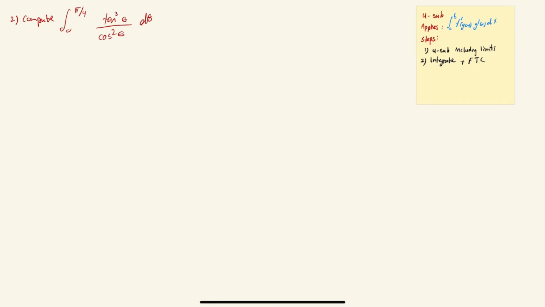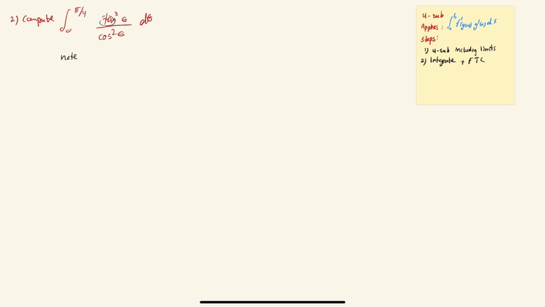Part 2. Compute the definite integral from 0 to pi over 4 of tan cubed theta over cosine squared of theta d theta. Notice this is a complex function. We cannot just integrate it right away, so I'm going to check if U substitution applies. I'm going to look at the integrand function, look at a term, and check if the derivative of that term also exists in the same function.